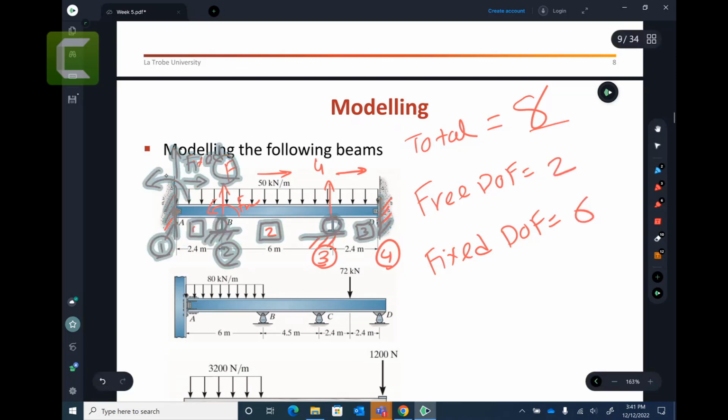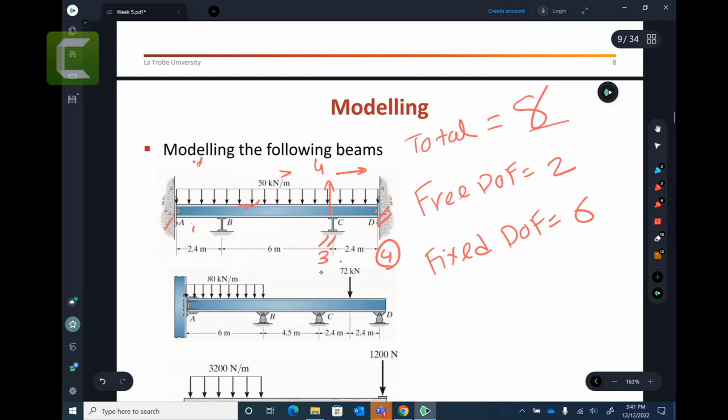And if I clean up all these ones to make you better understand, each node has vertical degree of freedom and rotation.